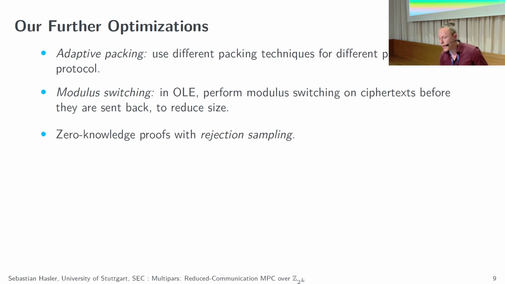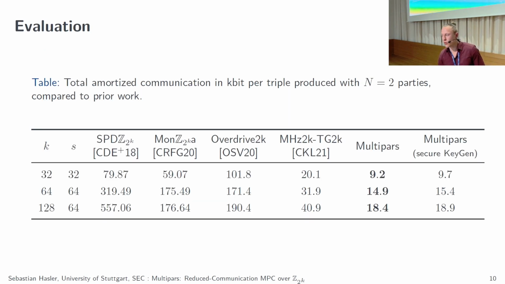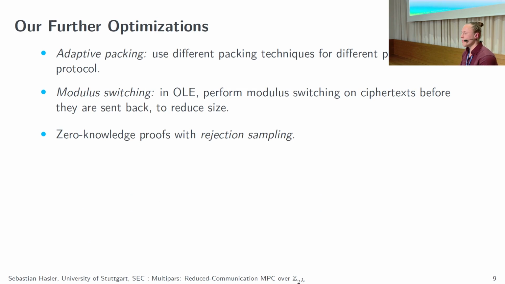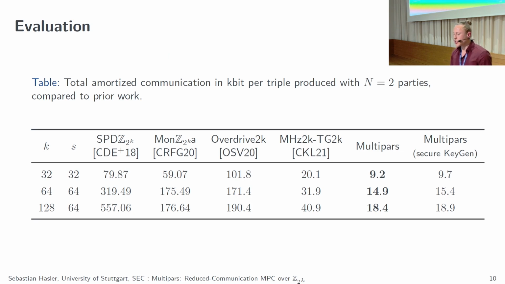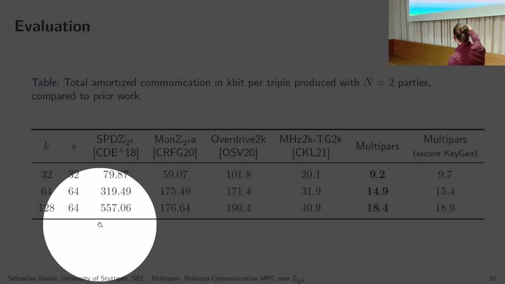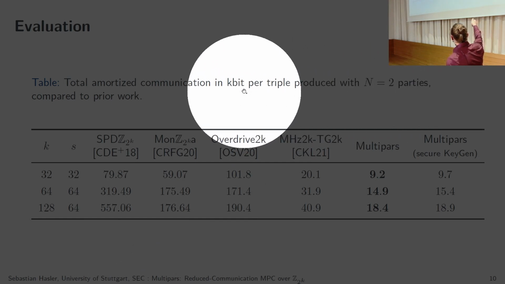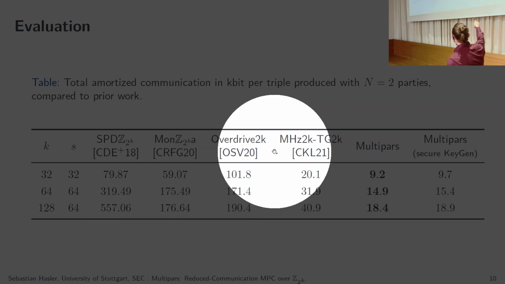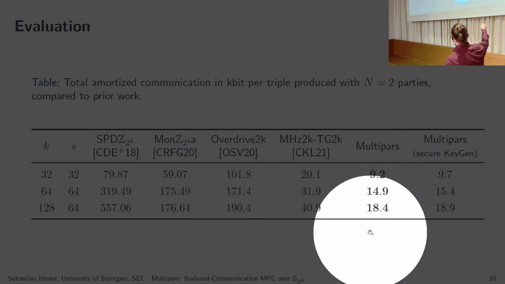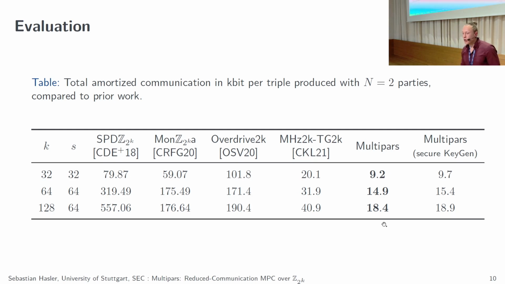And for the zero knowledge proofs in this OLE, we use a rejection sampling technique, which also means that we can reduce the parameters of the zero knowledge proof at the cost that the zero knowledge proof might need to be repeated in certain cases, but that doesn't happen so often. And in total, that means that our protocol MultiPars in the two-party setting is, in terms of kilobit per triple produced, more than twice as good as the prior work for Z2k.